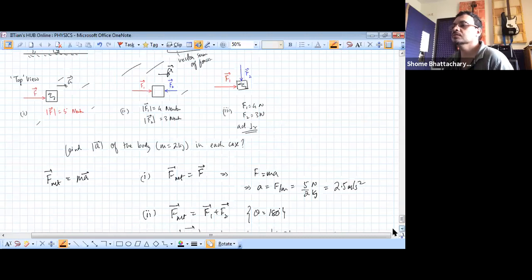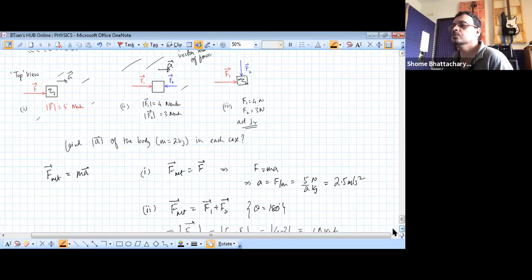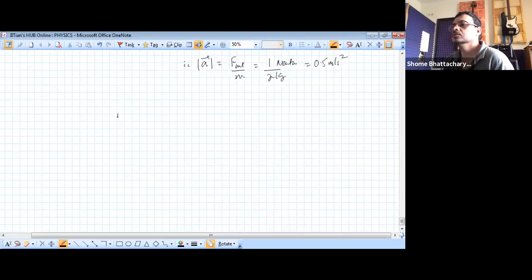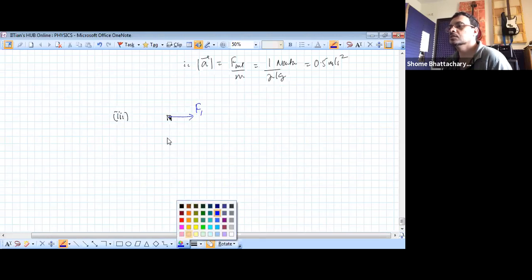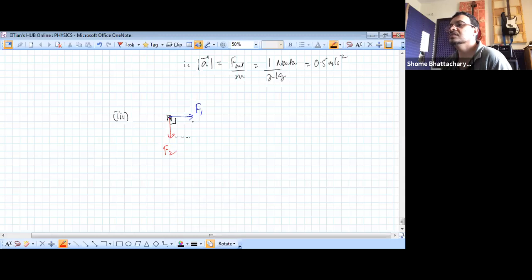But in the third case, on the body, the forces are acting perpendicularly. So in case 3, the forces are acting like this. One force is like this, and another force is like this, and this angle is 90. So you can see that the net force will become like this.